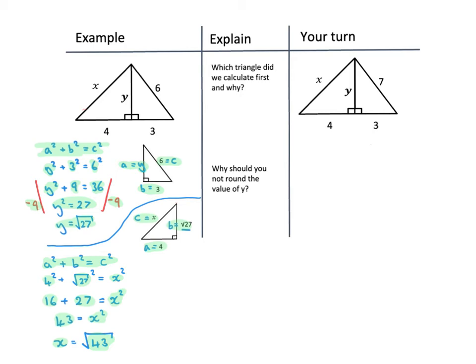So, we'll go through the question on the right-hand side. The first thing to note is that we need to draw our individual triangles. You can see here the top triangle is the triangle on the right and the bottom triangle is the triangle on the left.